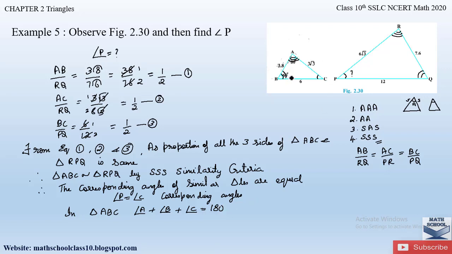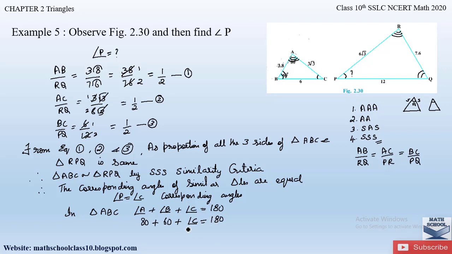The sum of all the three angles is equal to 180 degree in a triangle, right? So we will add these three angles of a triangle and we will equate to 180 degree, and then we can find angle C. So what is angle A given as? It is 80, angle B is 60 degree plus angle C we don't know, we have to find out, that will be equal to 180.